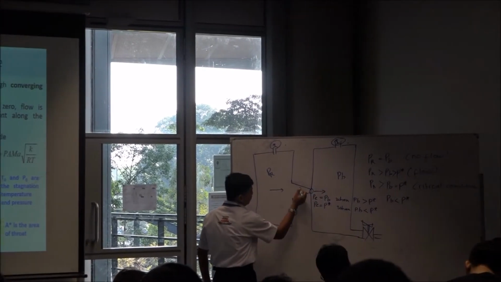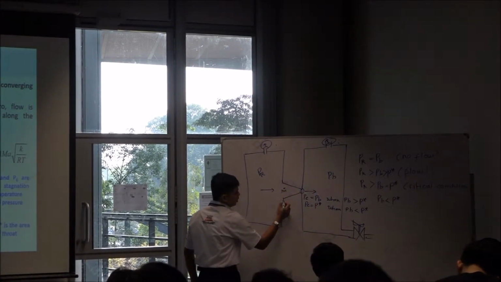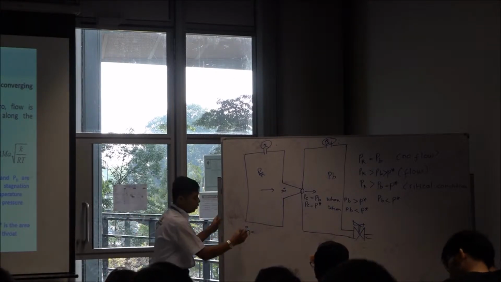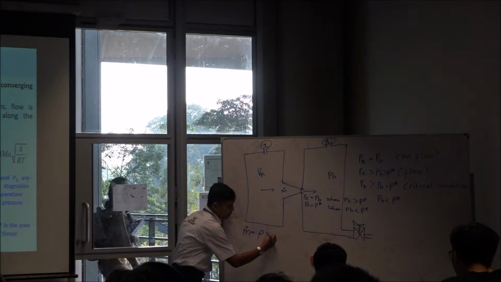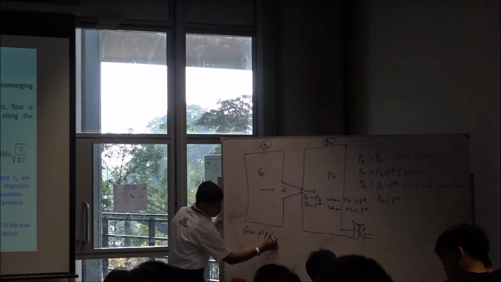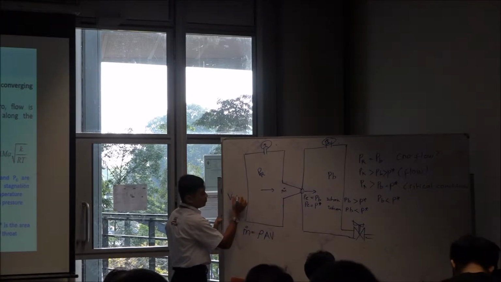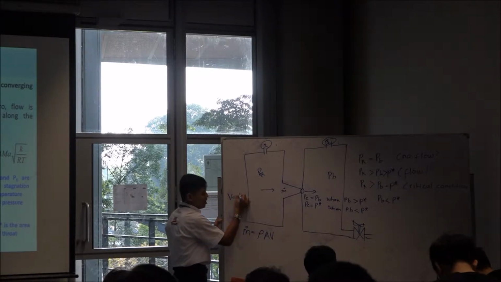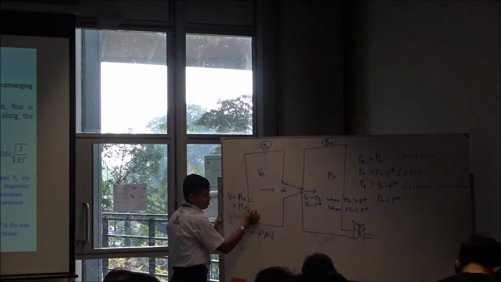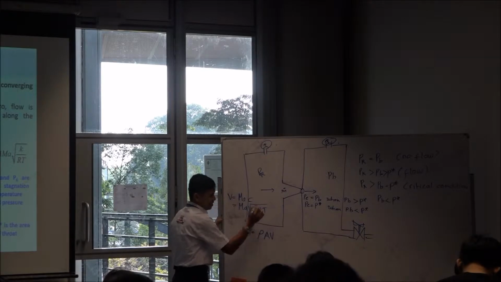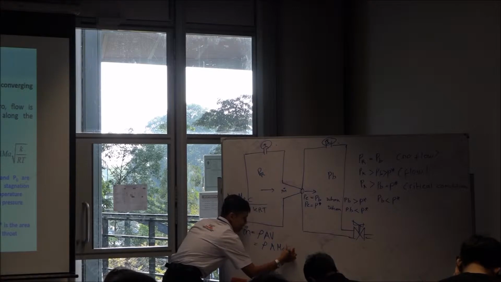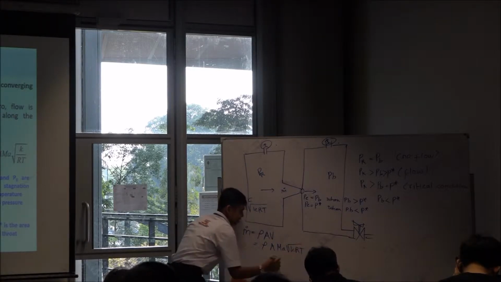Saying, right, the mass flow rate over here, what is the definition of mass flow rate? Rho A V. For this kind of compressible flow, V will be Mach number times C, which is equal to Mach number times square root of gamma R T. Now you put it there: rho A Mach number times square root of gamma R T. Now what is rho?